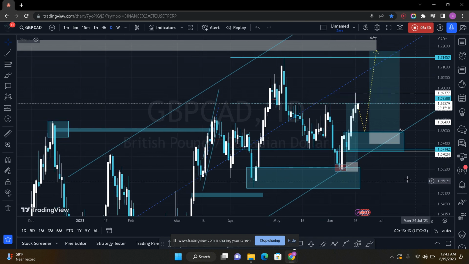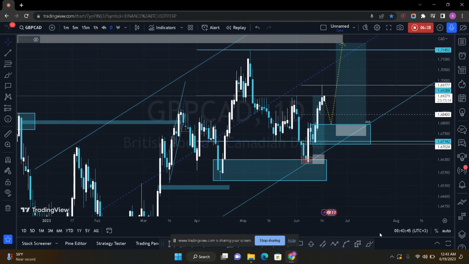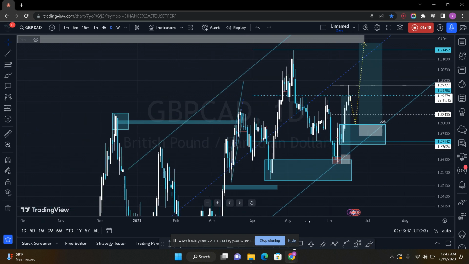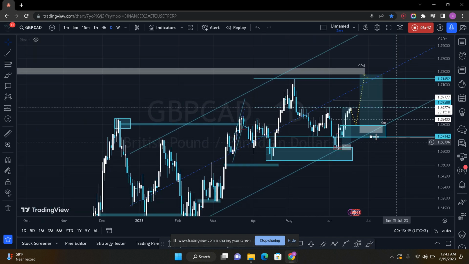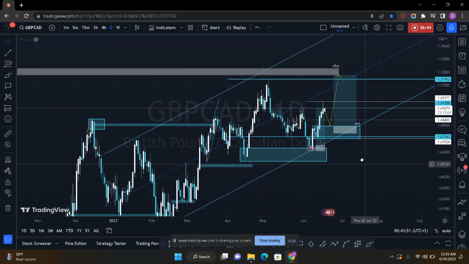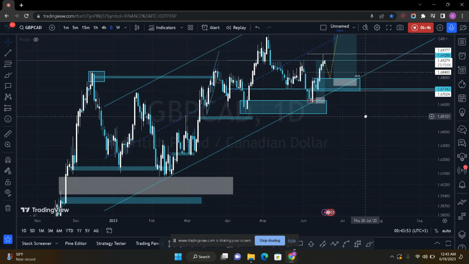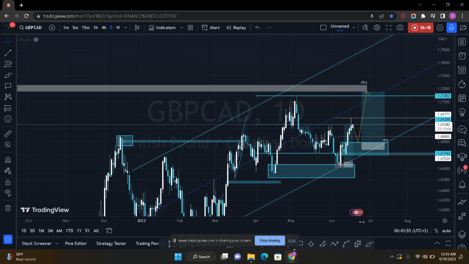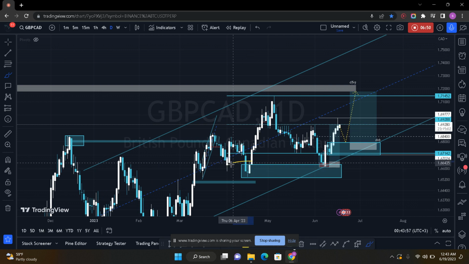I had identified this rising channel a while ago, and I'd marked out this region. I had been waiting for price to reach this region, bounce off, give me my desired price action right here, and get into a long.